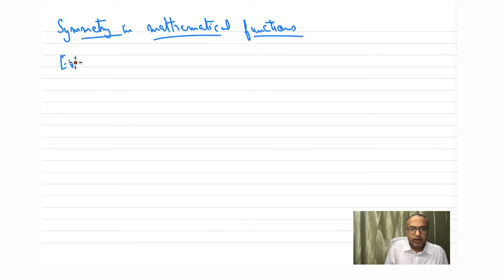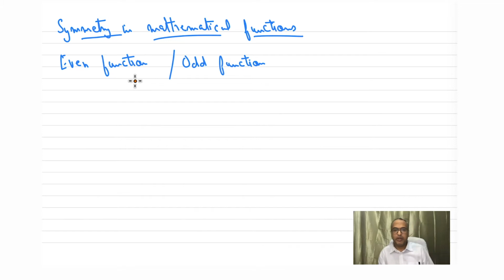So we are well aware of what is an even function and what is an odd function, right? So we'll be using this concept of even function and odd function to be able to comment about symmetry in wave functions and operators, which are mathematical functions.